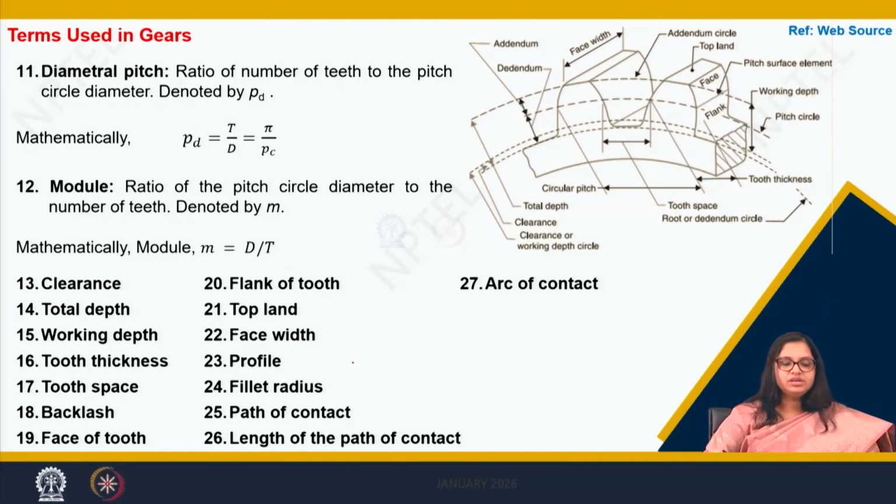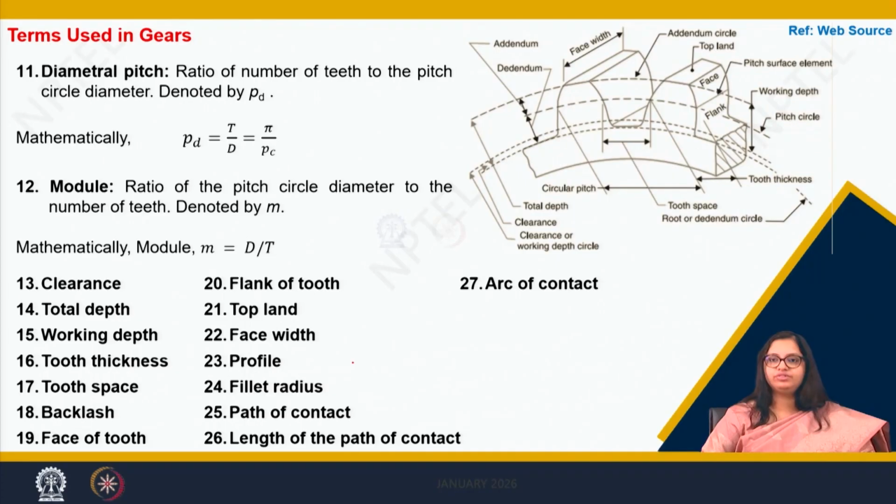Now, coming to the diametral pitch. The diametral pitch is the ratio of the teeth to the pitch circle diameter, which is given by t by d, and it can also be written as pi by circular pitch, which is Pc. Well, coming to the 12th term, that is the module that I was mentioning earlier, if the modules of the two gears are not the same, then they cannot be meshed with each other.